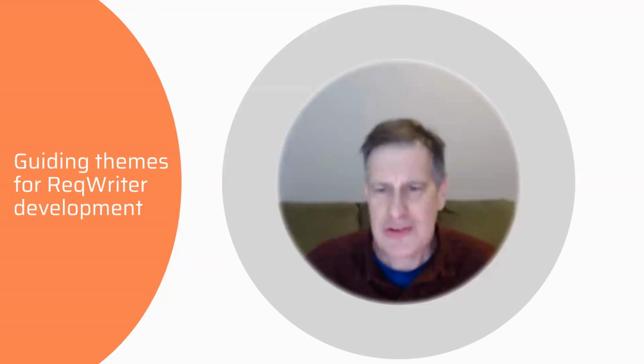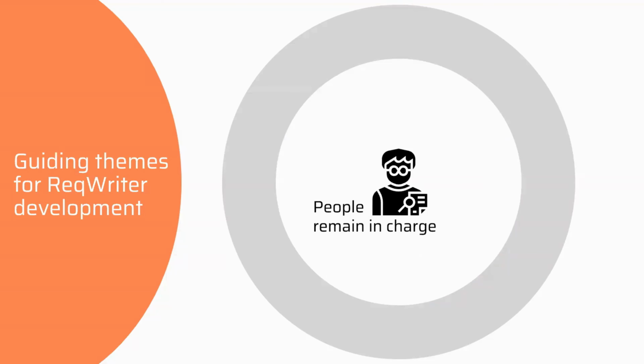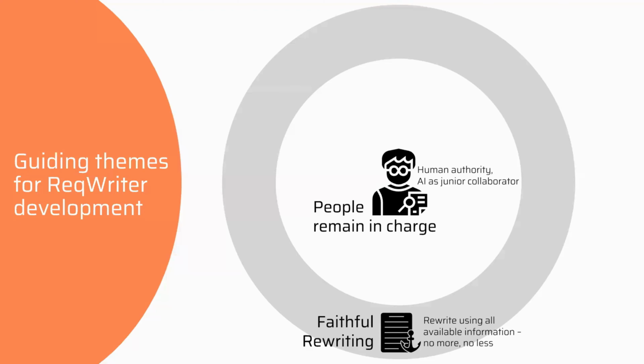And at the center is a simple idea. People remain in charge. So ReqWriter is designed to collaborate, not to decide. Human authors set direction, apply judgment, and make the final call. So AI certainly helps with the heavy lifting, but authority stays with people. So the first guiding theme is faithful rewriting.